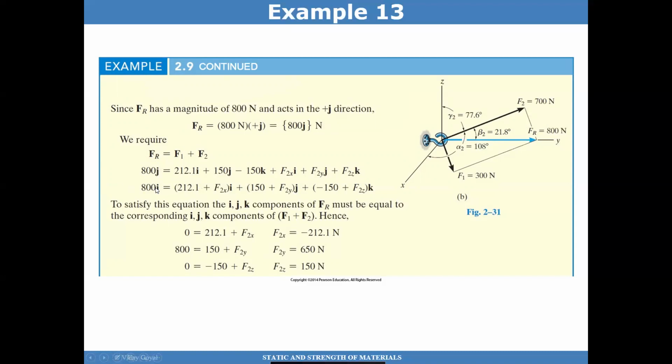And then on the left-hand side, I don't have K hat, so this coefficient must be 0 as well. And so I can solve for f2. So for example, in the first case, this coefficient is 0, so I can solve for f2x. I can solve for f2y. You're looking at this is equal to 800. And so I can then solve for f2z by making this equal to 0, since k hat does not show up on the left-hand side. And so now I have the components of f2 that make that happen.